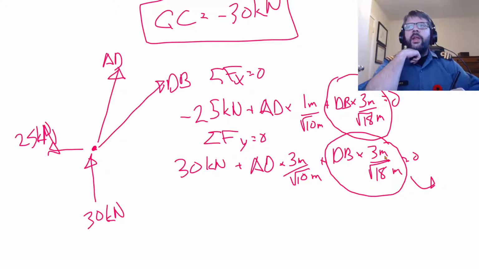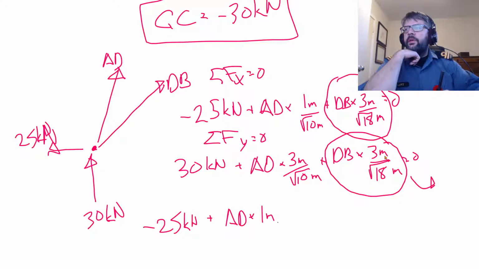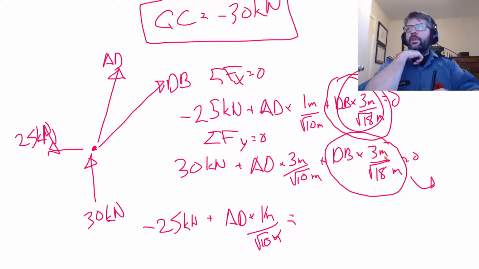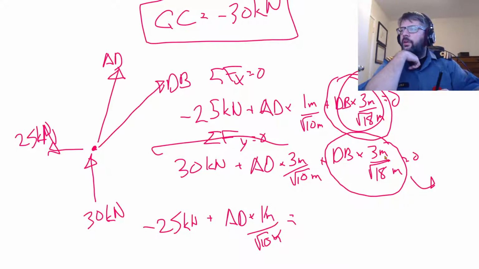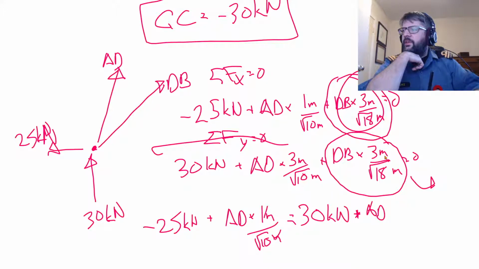So our negative 25 kilonewtons plus AD times 1 over root 10 is equal to this, which is also equal to 30 kilonewtons plus AD times 3 meters over root 10 meters.